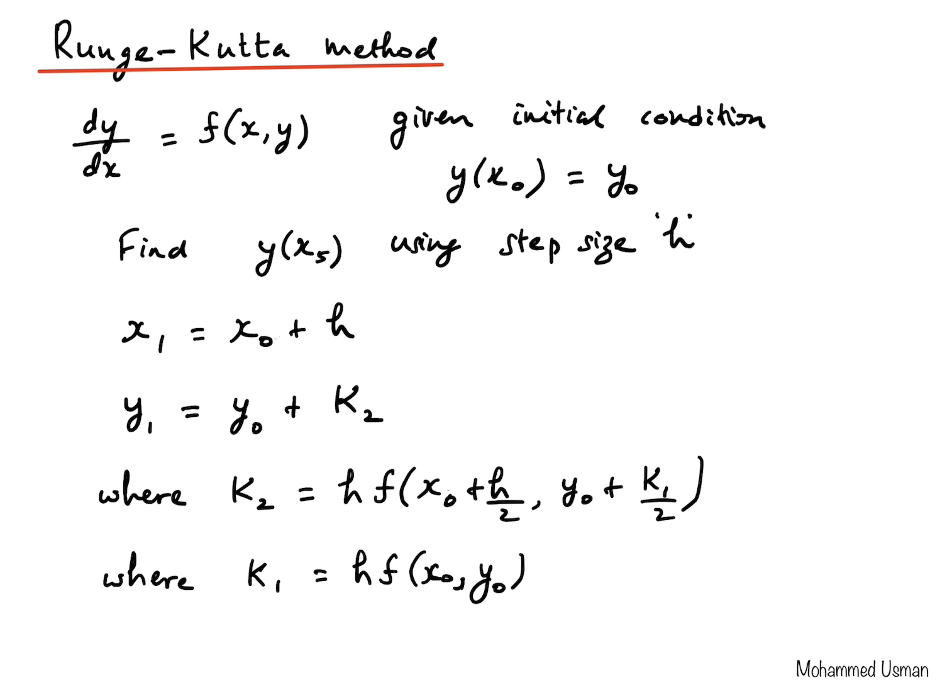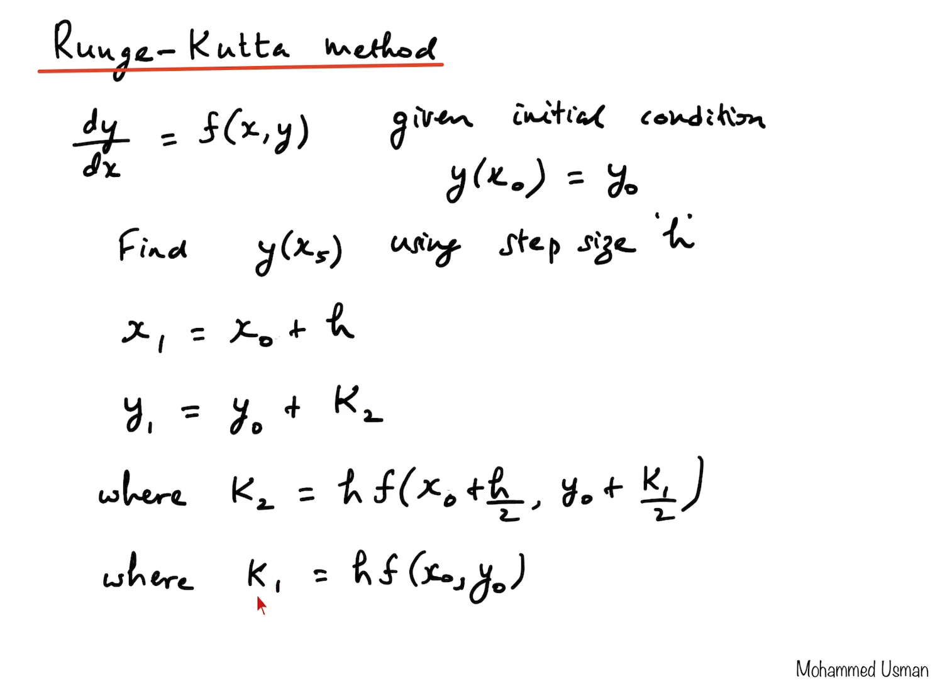So h into f of x naught, y naught is the same parameter that we add to y naught in Euler's method, right? So we first compute the additive term that we add in Euler's method.